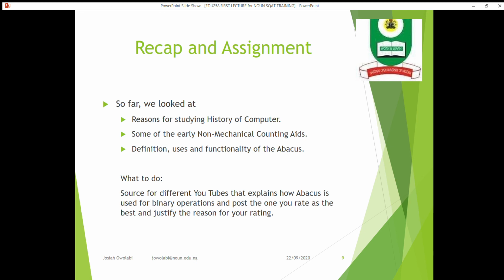Let's recap now. So far, we have been able to convince ourselves that studying the history of computers is worth it. It's not a waste of time as a student of computing, because it will help you to appreciate those who have contributed to the development of the computer. It will challenge you to also wake up and see what you can do in your own time.